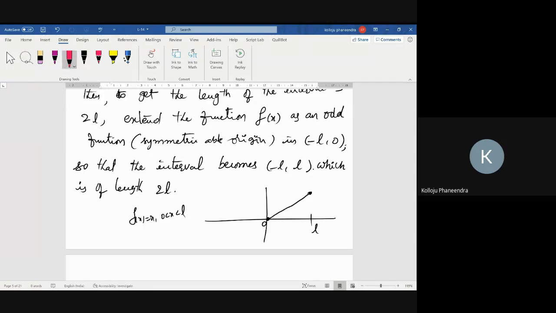Now, if I expand in minus L to 0 as an odd function, which is symmetric about the origin, its shape in this interval will be like this. So in minus L to L, this is the complete function.